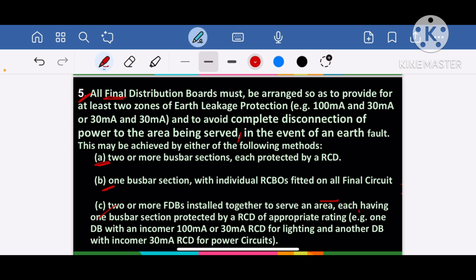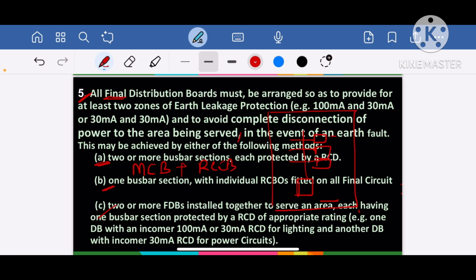Another final distribution board, it is saying that we can have a final distribution board with isolator, and there will be RCBO direct. RCBO, what is RCBO? RCBO is the combination of MCB plus RCCB.